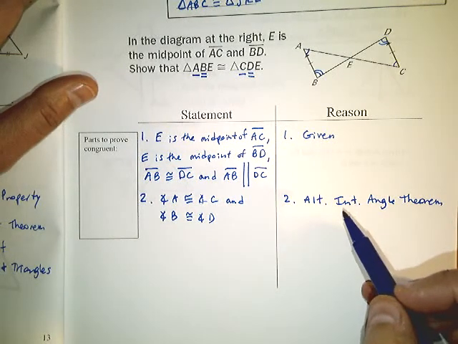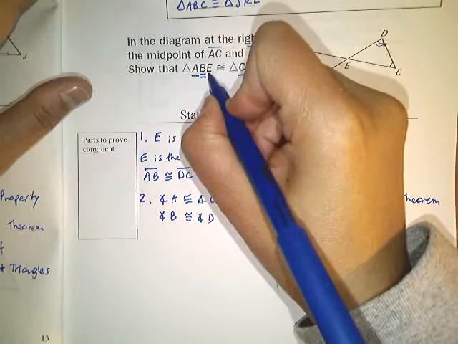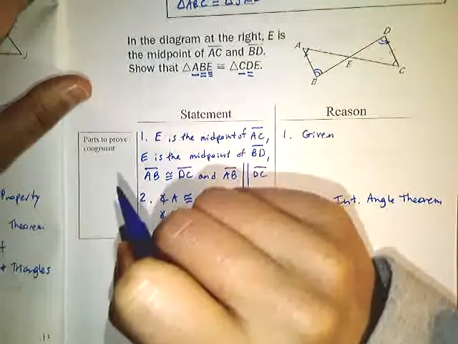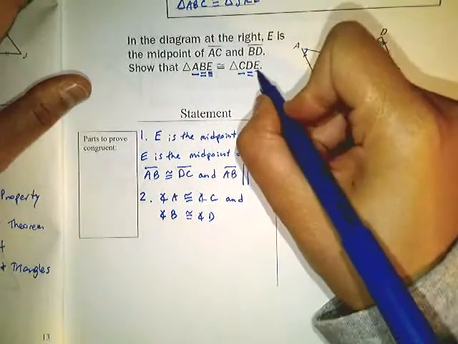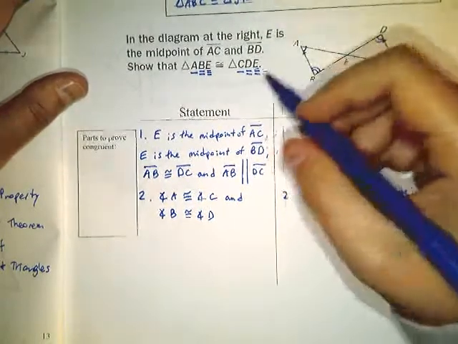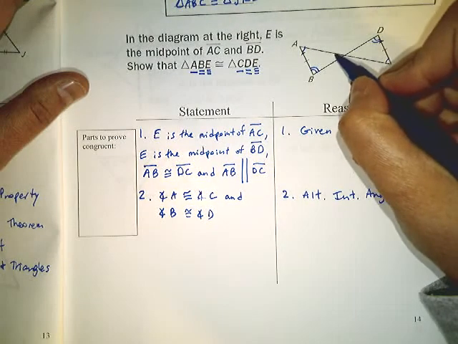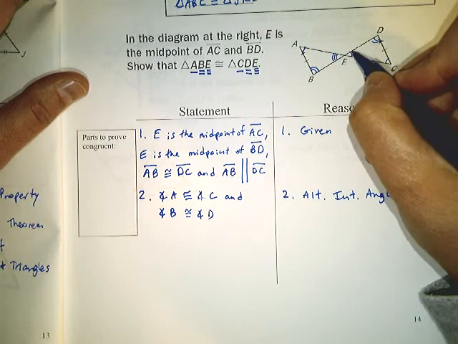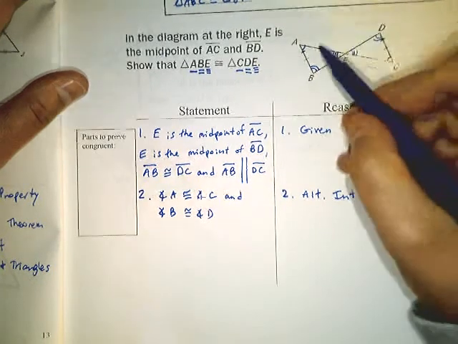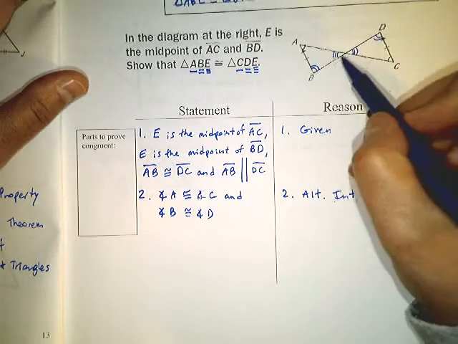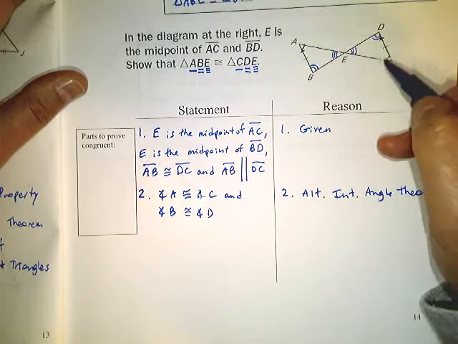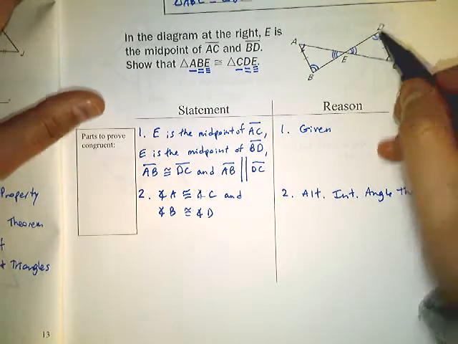All right. And then finally, I want to state that somehow that angle E is congruent to angle E. But there are actually two different angle E's. This one's over here, and this one's over here. So one I'm going to call angle AEB, and the other one I'm going to call angle CED.